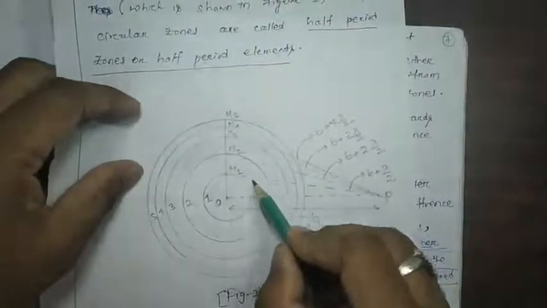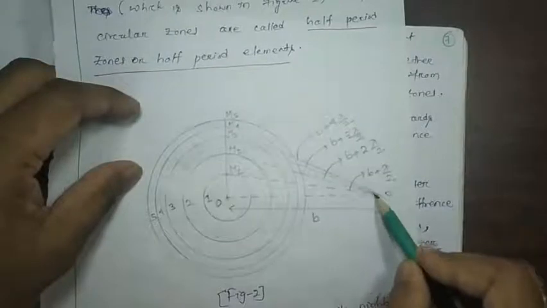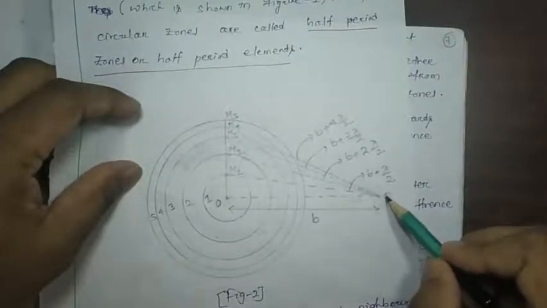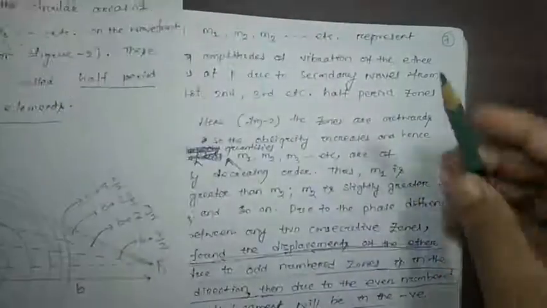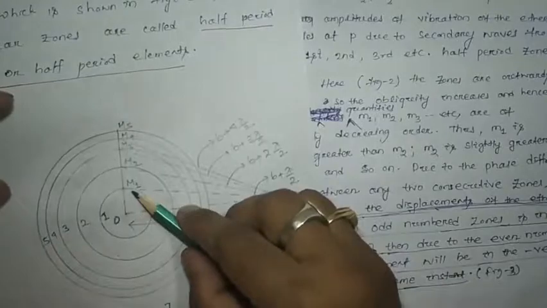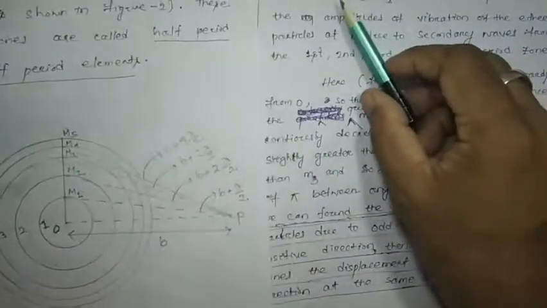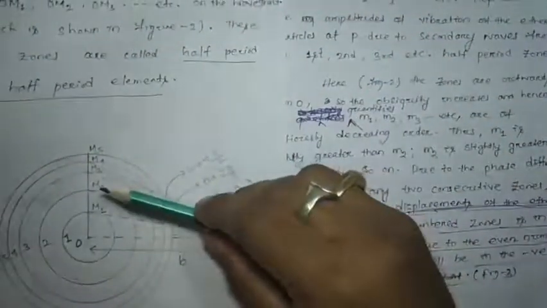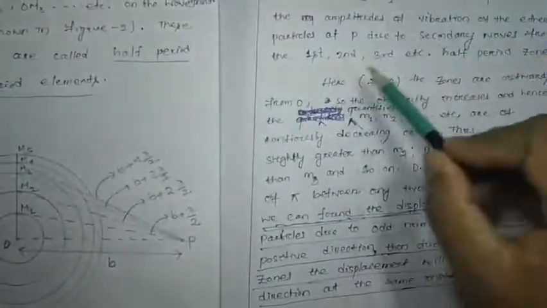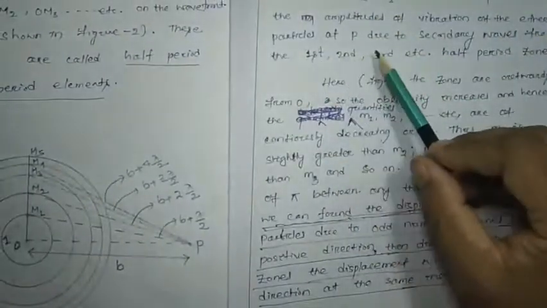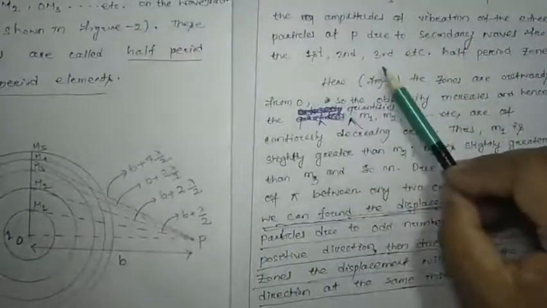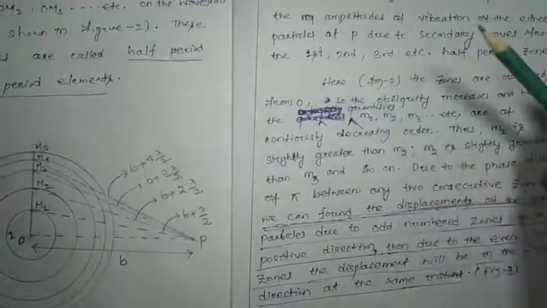Suppose this wave is moving like this; due to this wave we get the disturbance at point P. Let M1 be the disturbance due to the first half period zone, M2 due to the second half period zone, and M3 due to the third half period zone; these are the amplitudes of vibration of the ether particle at point P due to secondary waves from the first, second, third, etc.